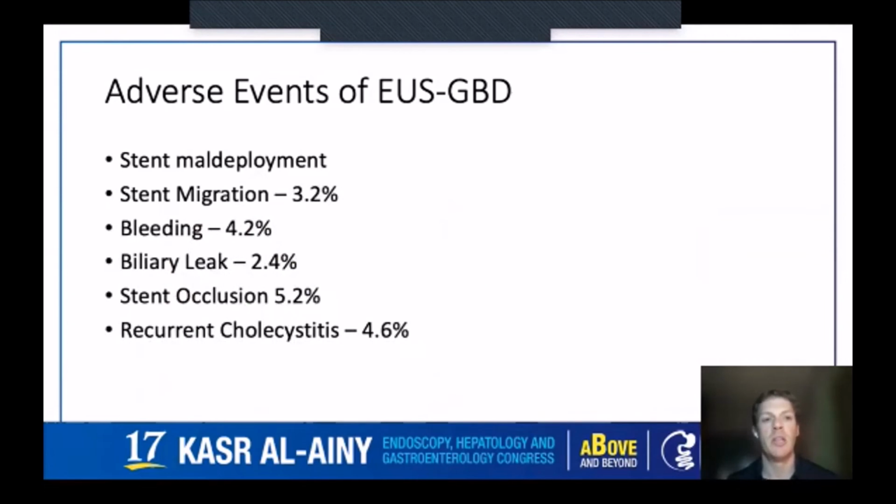Other complications include bleeding with a rate of approximately 4.2%, biliary leaks, stent occlusion, and recurrent acute cholecystitis as a result of occlusion of the lumen of the stent, occurring in up to 4.5% of patients.